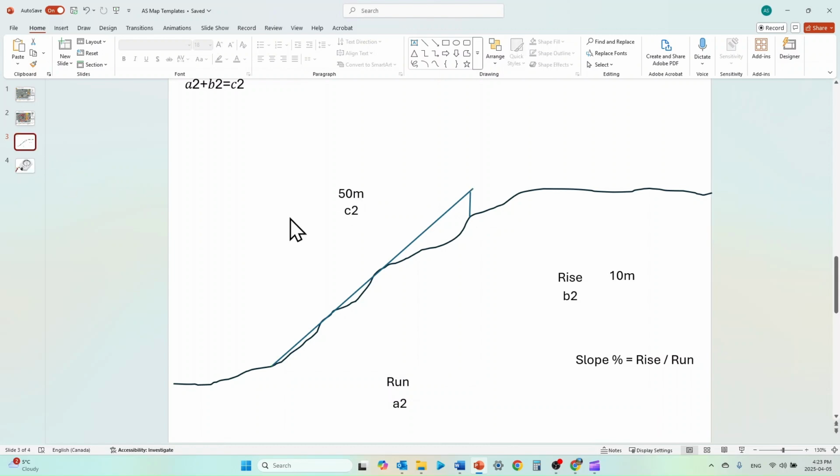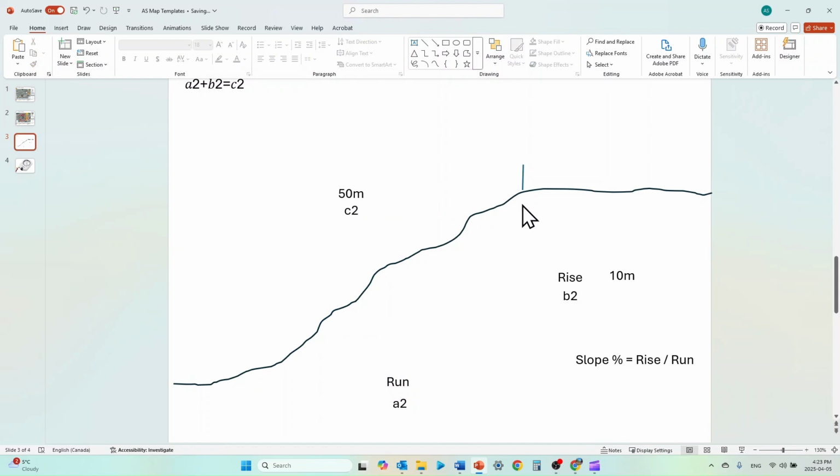Another one is simply a GPS. GPS reads out your elevation, so you can stand at the bottom of your slope, drop a waypoint, and grab your elevation and distance, and then you're also going to go to the top of your slope, drop another waypoint, and grab your elevation and distance.